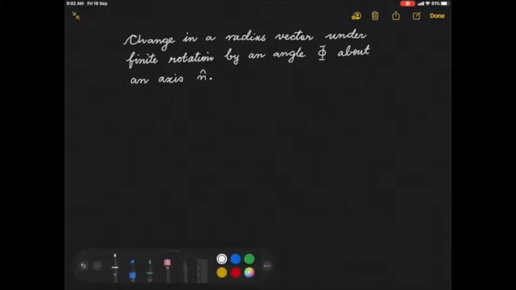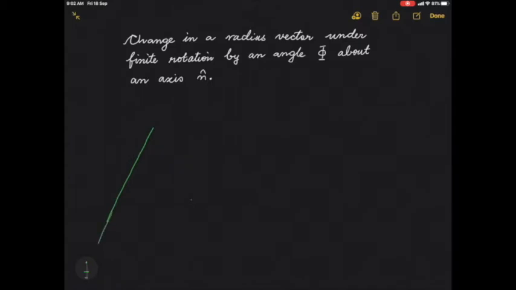Okay, so what we are looking at, so you have an axis. So let me draw the axis with this color. This is my axis.